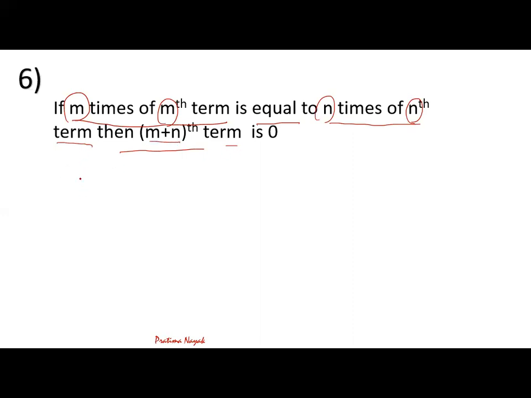If 5 into the fifth term is equal to 12 times the 12th term, then your 17th term will be 0. 5 plus 12. This is the concept. This is the formula trick you have to remember.